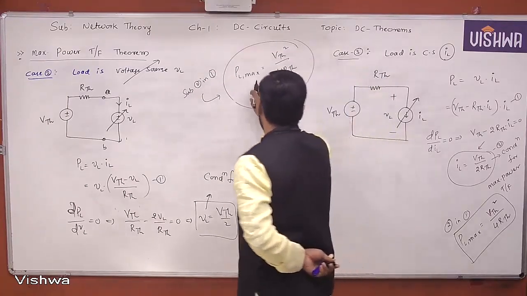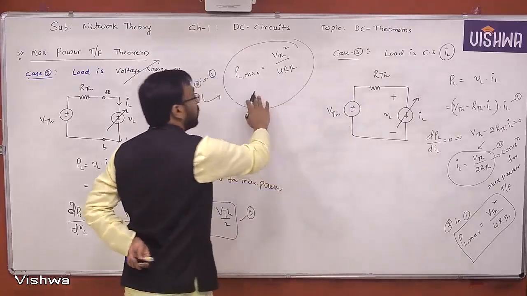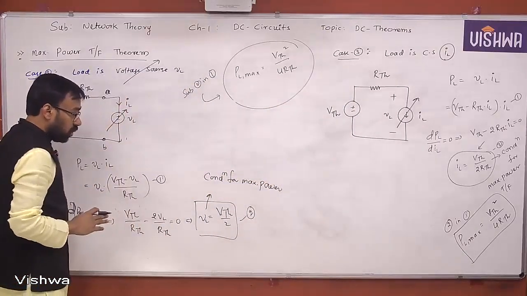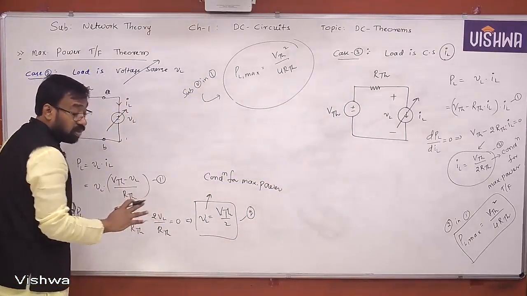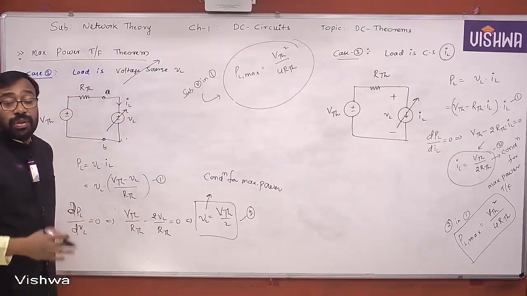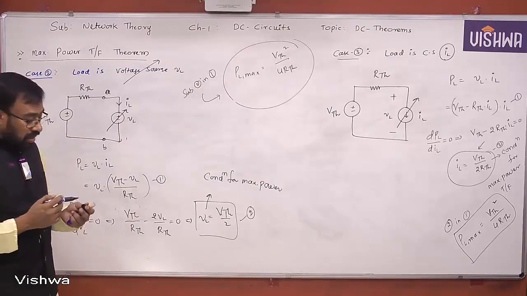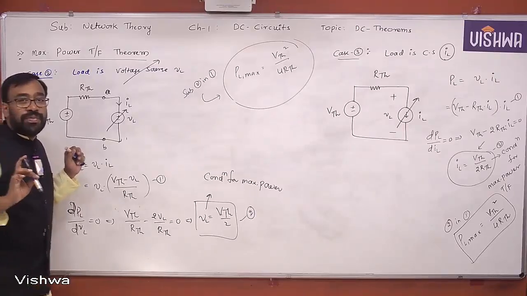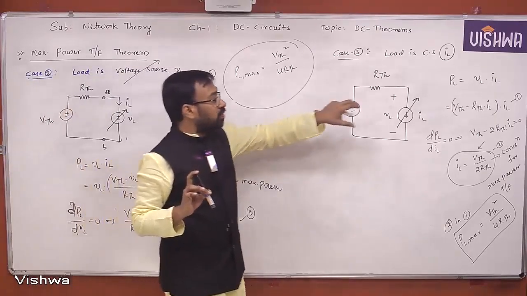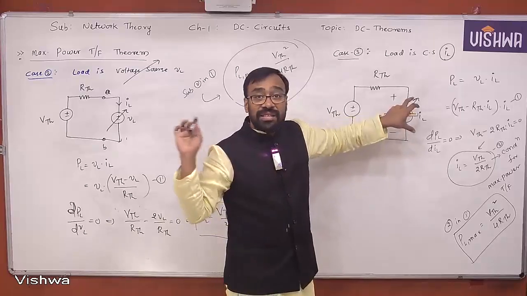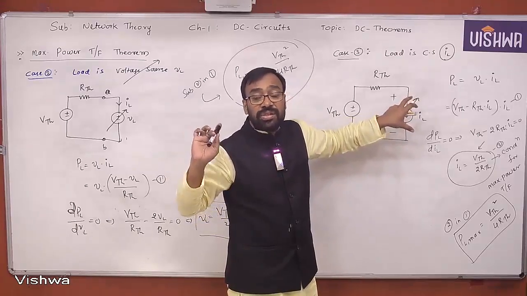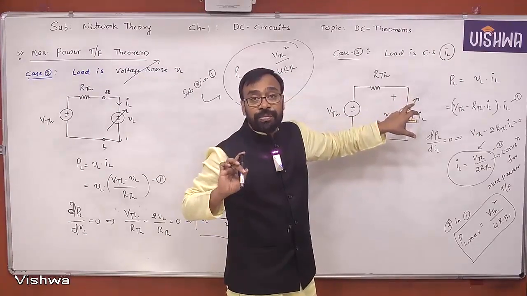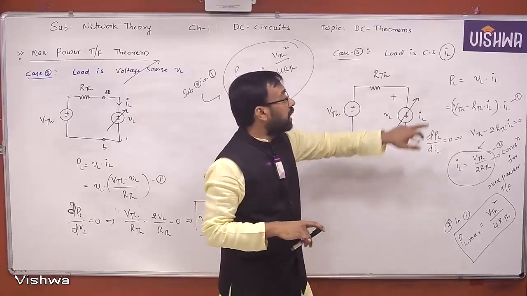So this is the maximum power formula, same as you get in case of resistor, voltage source, current source when the load is, but the condition for maximum power transfer changes when the load is changing, okay? So these are very important cases. When the load is other than resistor, voltage source or current source, then again you are supposed to start from the beginning.